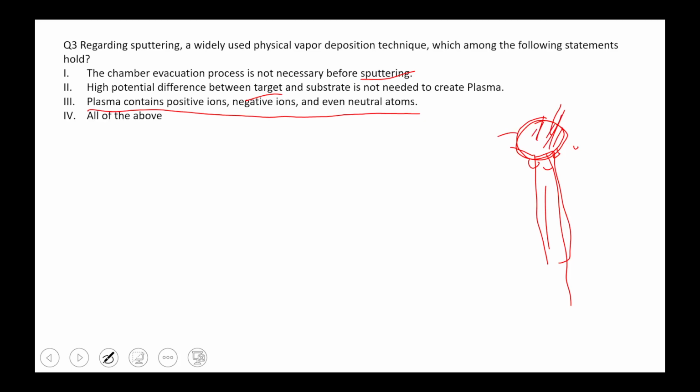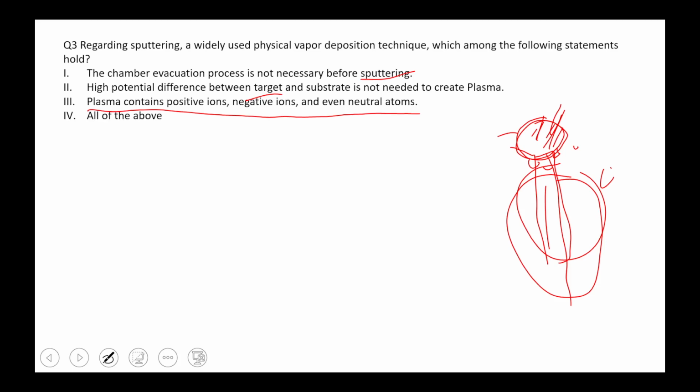You also need cold water to cool it, because a very high field is generated and it produces heat. To sink that heat, you need to supply cold water through the gun. So a high potential difference between target and substrate is needed to create plasma. Without that, you cannot create a plasma in normal conditions.